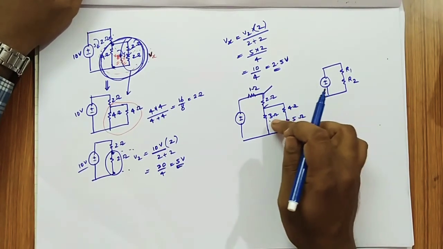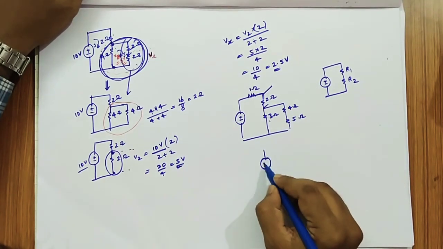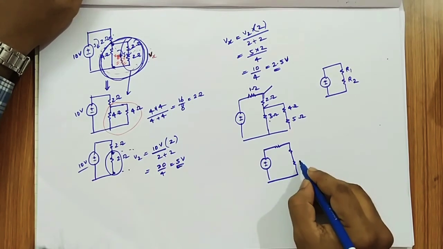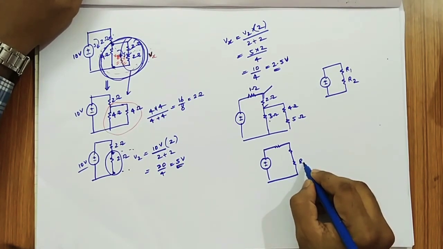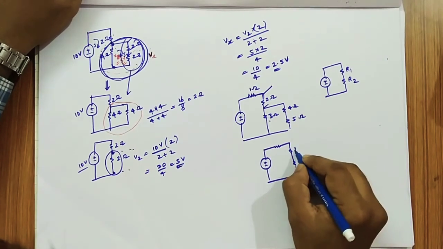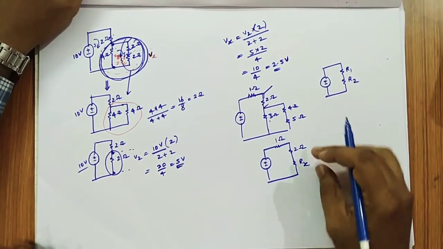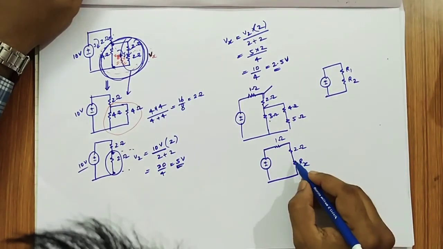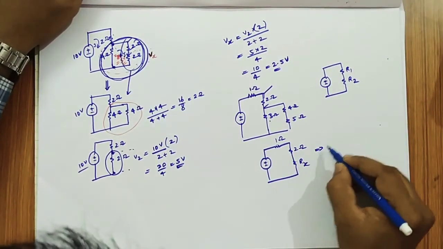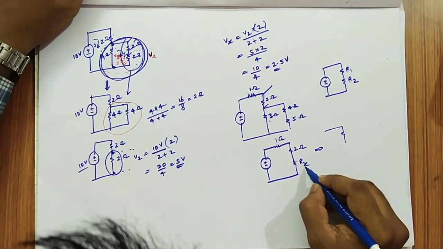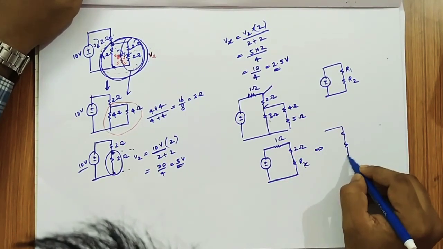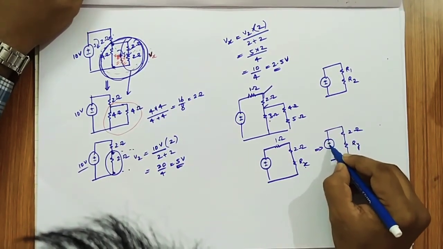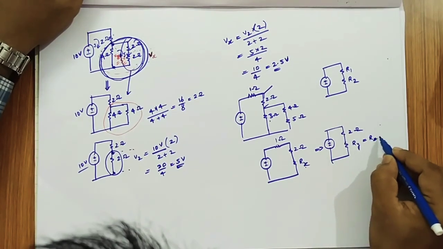This 9 in parallel with 3 gives one resistance, which I name Rx, with 2 ohm and 1 ohm. You want to find the voltage across this element, and these elements are in parallel. Rx and 1 ohm are in series, so Ry is Rx plus 1 ohm.